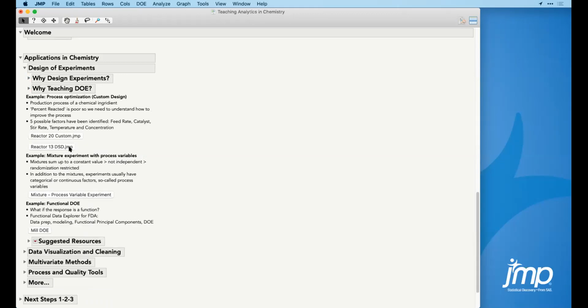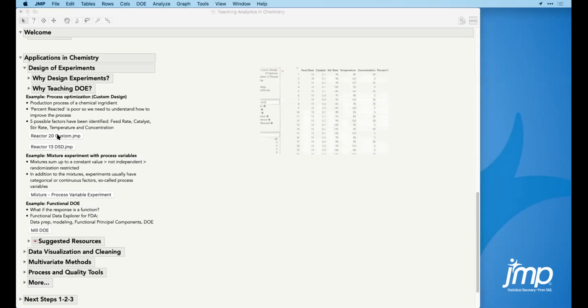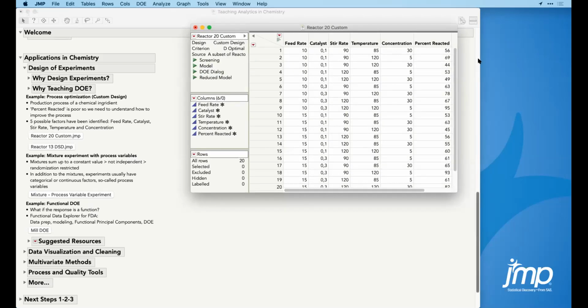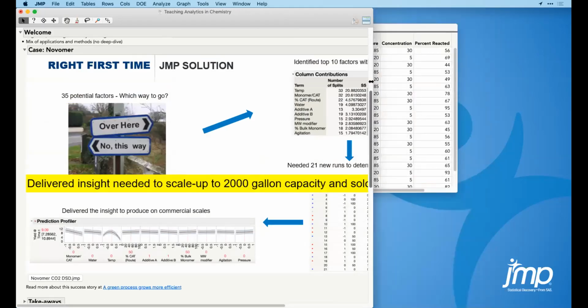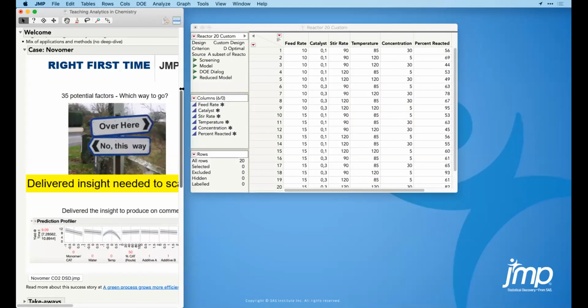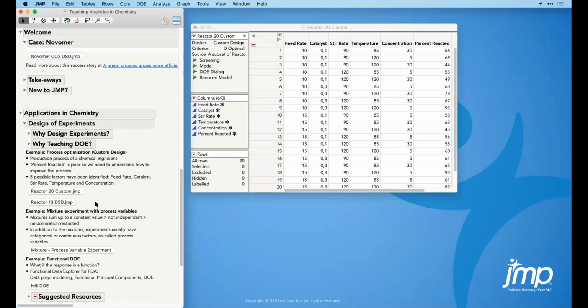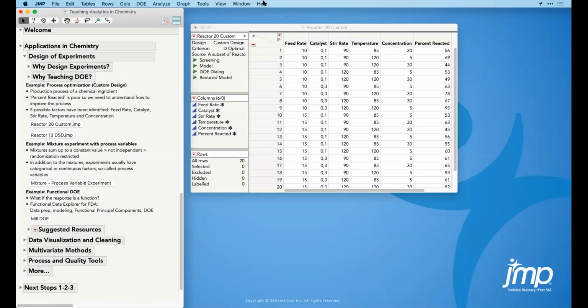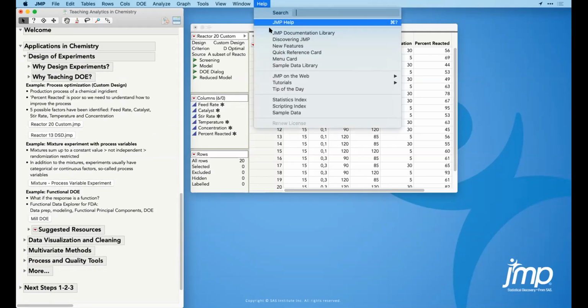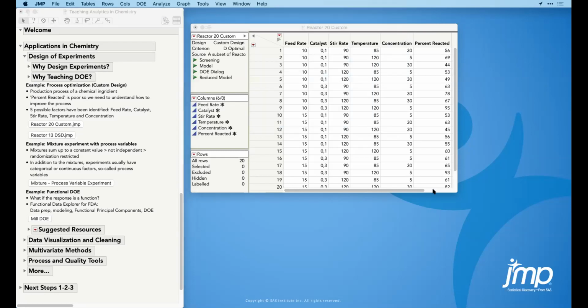So let us look at a first example. This is a sample data set. You can also make this smaller. This is a sample data set you can also find in the sample data library in JMP.